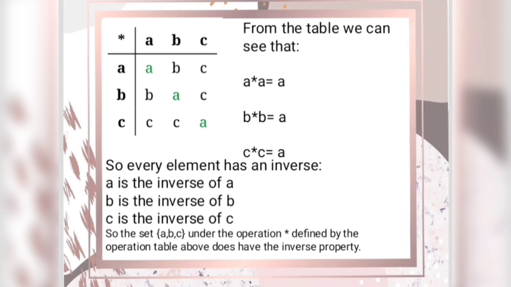A is the inverse of A, B is the inverse of B, C is the inverse of C. In this set, every element is its own inverse. So the set A, B, C under the operation defined by the operation table above does have the inverse property.